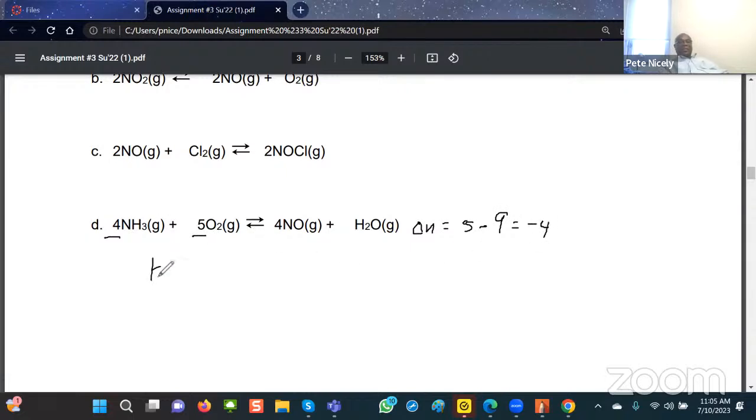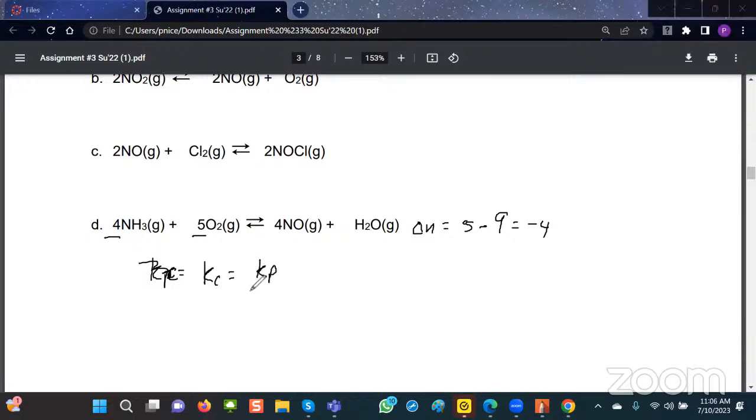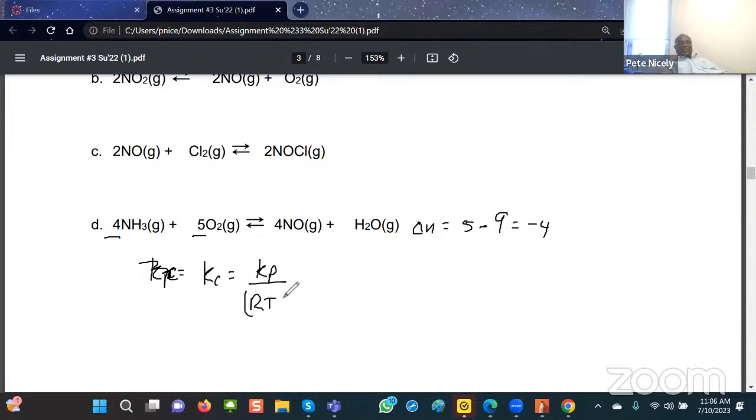So what is Kc equal to in this case? Kp over RT to the -4, which is also the same thing as Kp times RT raised to the 4. Okay, so that's basically how that is done.